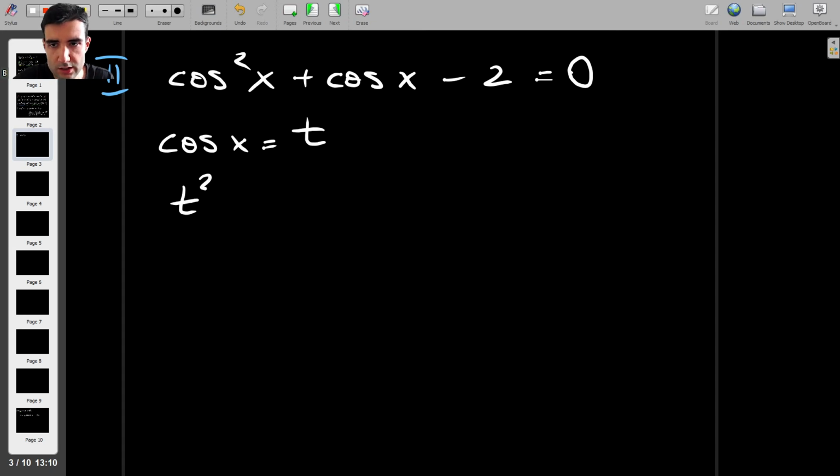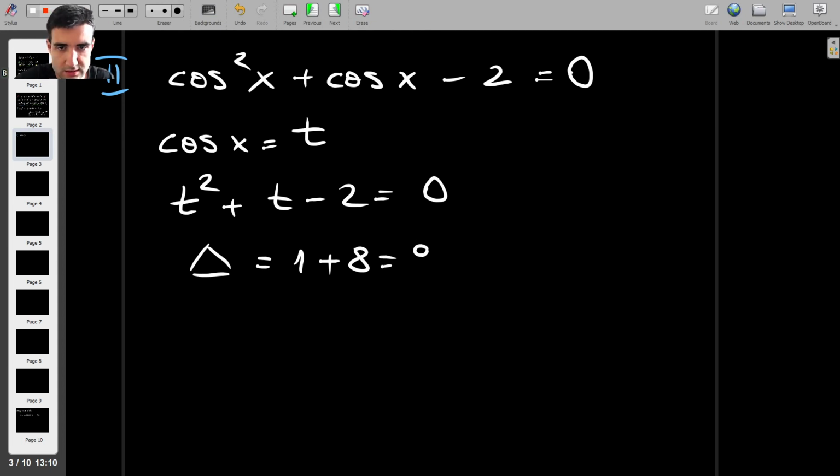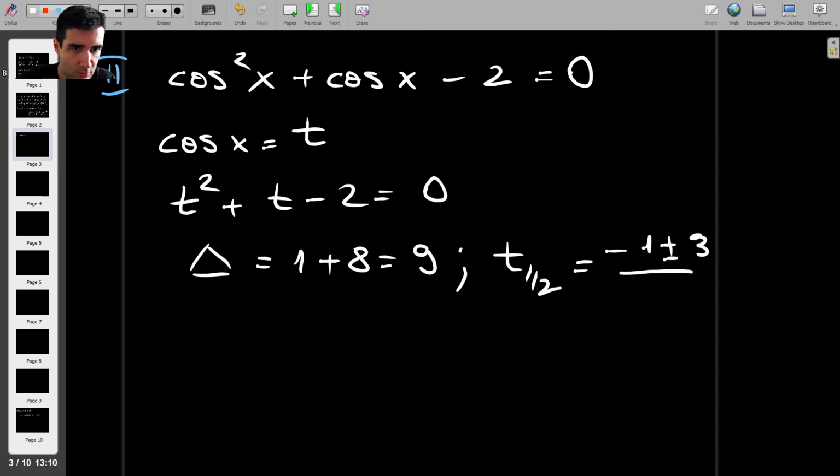So we have t squared plus t minus 2 is equal to 0, and then we can find the discriminant, which is 1 plus 8, and it's 9. So t1,2 is minus 1 plus minus square root of 9, which is 3, over 2.